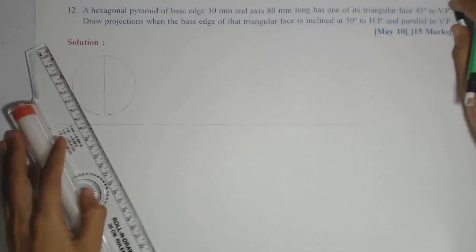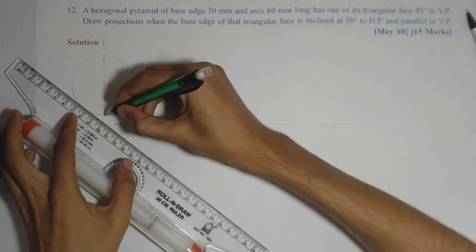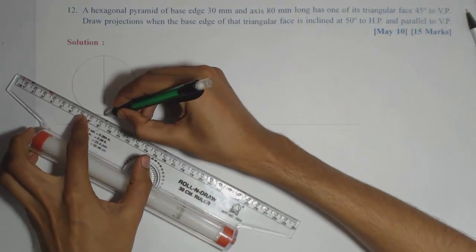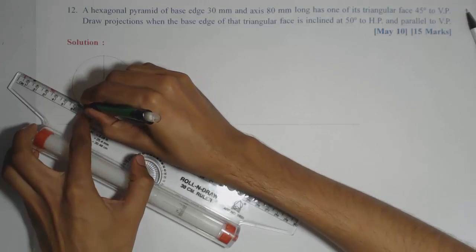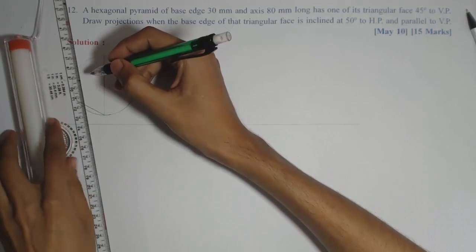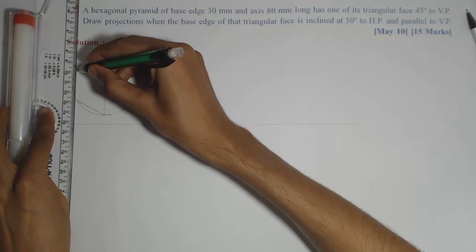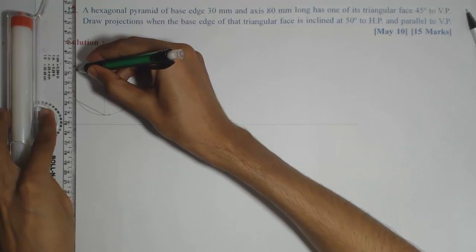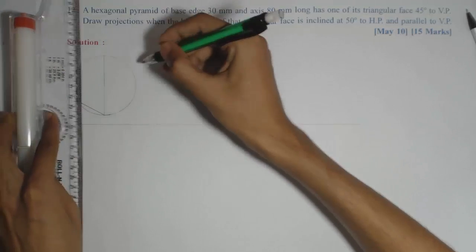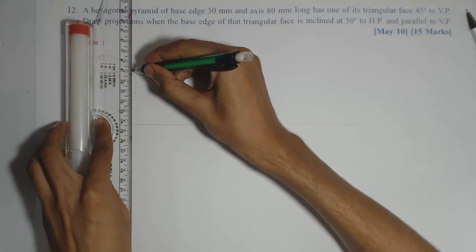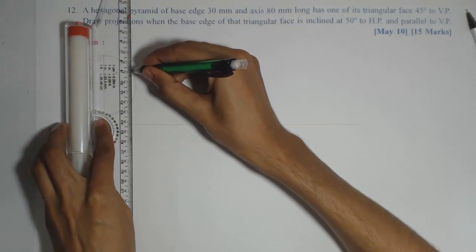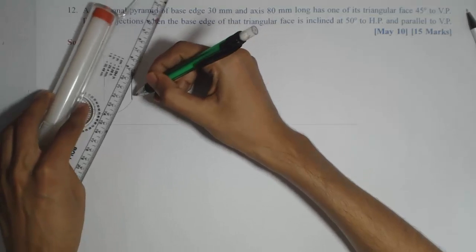So now we will complete the hexagon. So we are getting this edge perpendicular to XY on the right hand side.